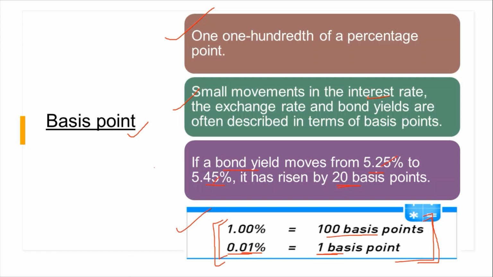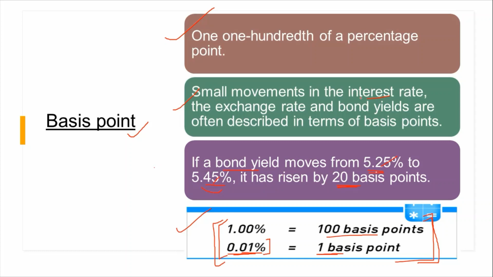It changes by very small movements, like in this example, where it changes from 5.25 to 5.45. Saying that it has changed by 20 basis points makes more sense, if you know what 1 basis point consists of, than saying that it has moved by 0.2%.